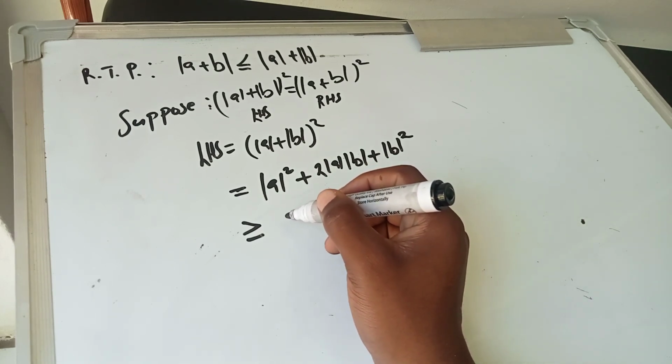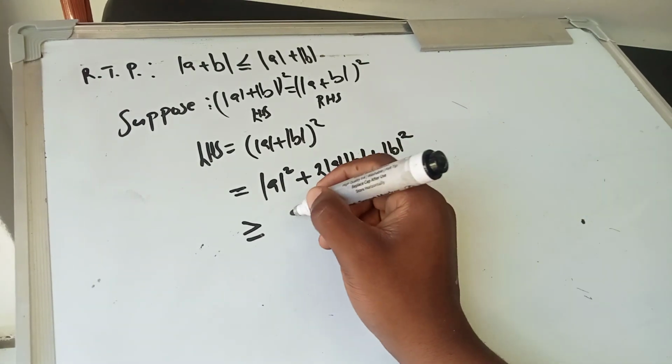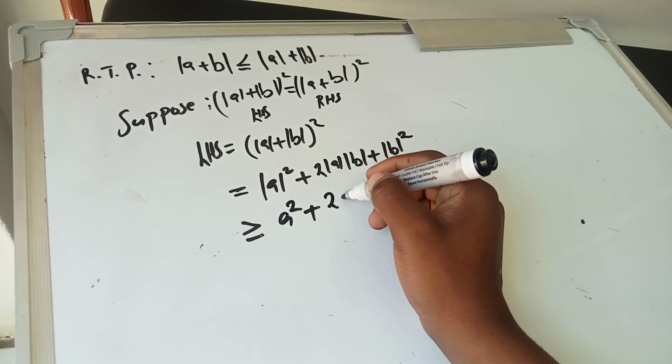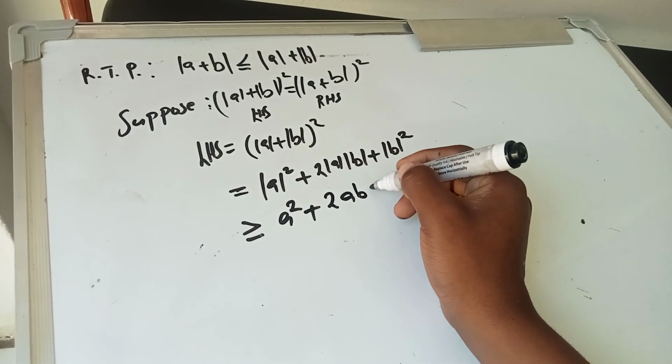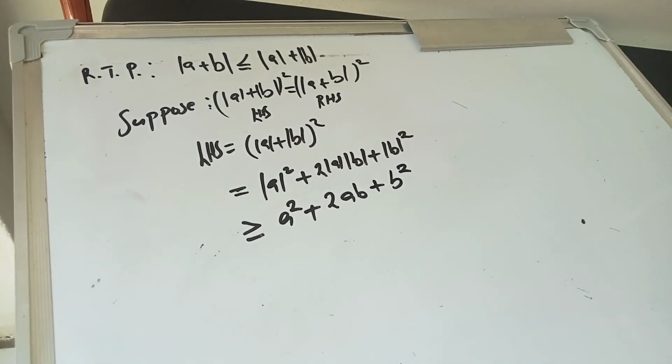So now, because of those, this is the same as a squared plus 2ab plus b squared. Hopefully people are with me.